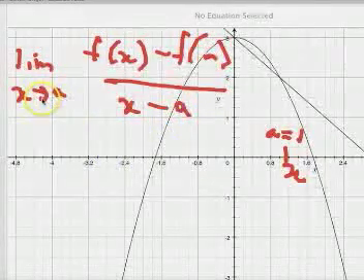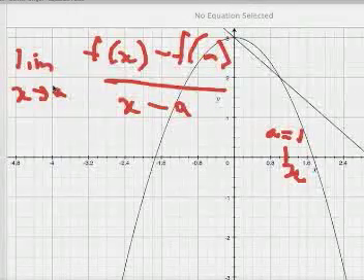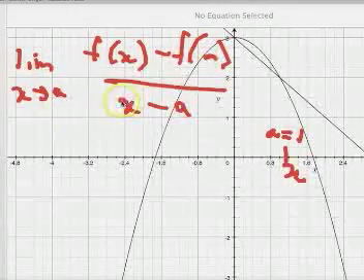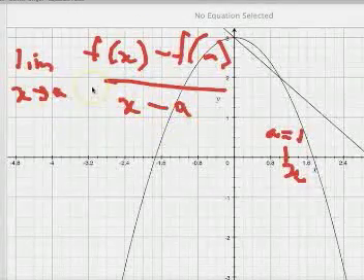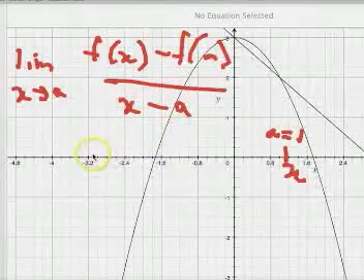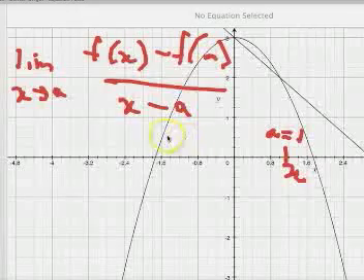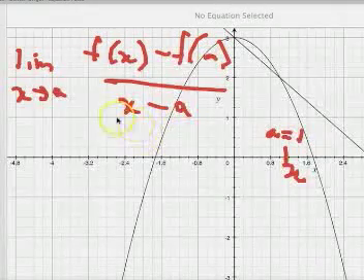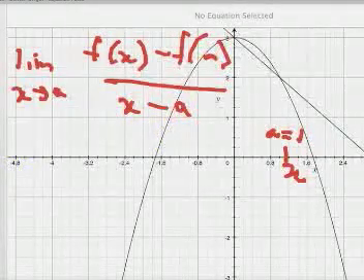Now if we were to use the plug-in method, which I was talking about earlier, and just put a in for x, we'd get a 0 in the denominator, and this would be undefined. However, let's just give this a shot at solving.